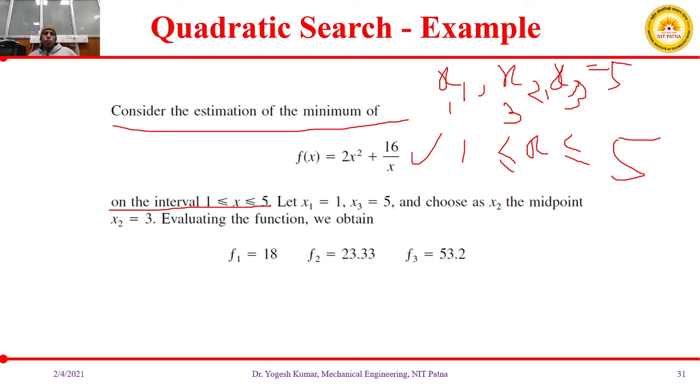So we have chosen three points: x1 equal to 1, x2 equal to 3, and x3 equal to 5. Let us calculate the values of the function at these points, f1, f2, and f3.